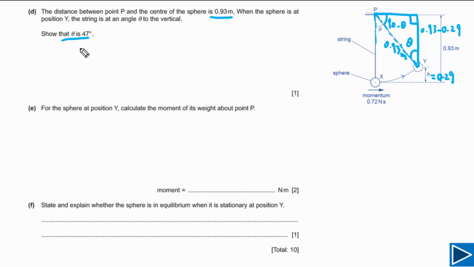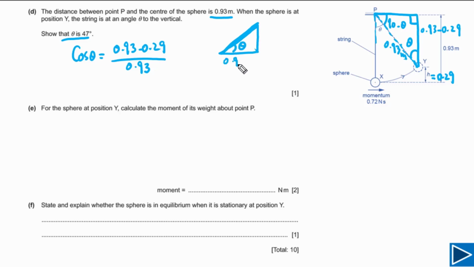So simply we can say, in this case, cos of theta will be equal to 0.93 minus 0.29 divided by the length of the string. This is 0.93. We can also construct this triangle again. Now we can simply construct this triangle like this. In this case, this angle is theta and this side is given to us.